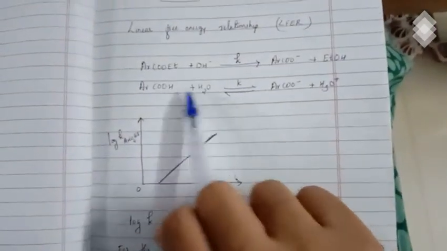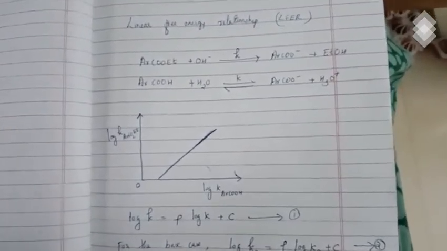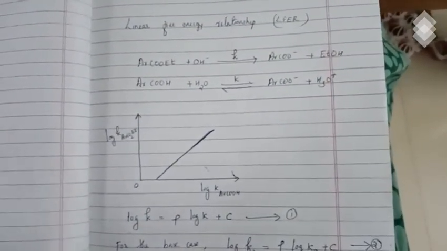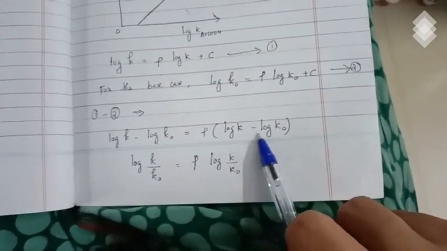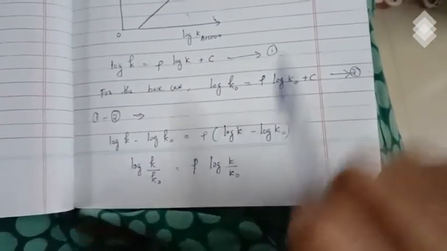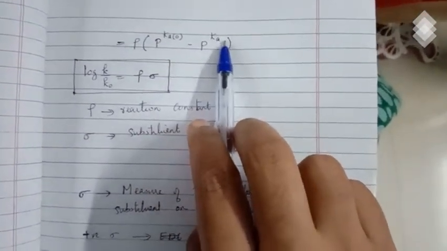This is the ionization of an acid, so it is the acid ionization constant K. So pKa means minus log Ka. Here it is log K, here it is log K0. So when we convert it into pKa values, it becomes pKa0 minus pKa.